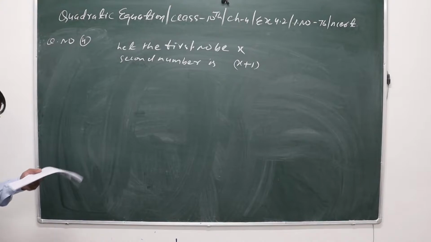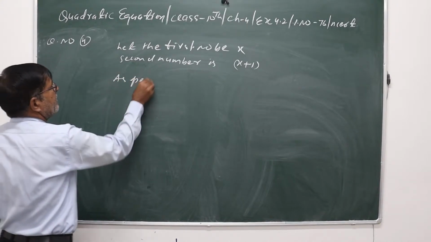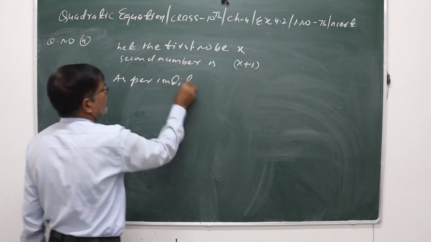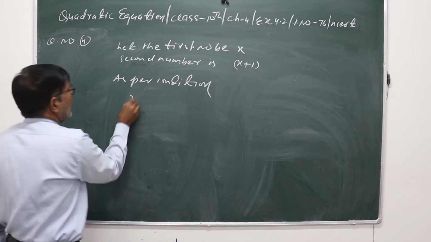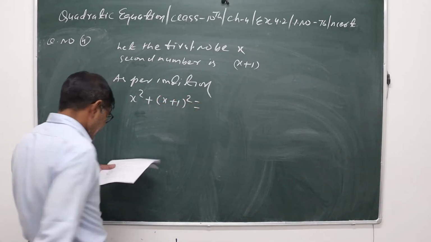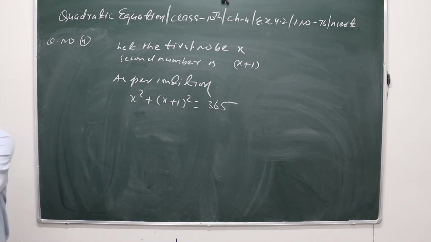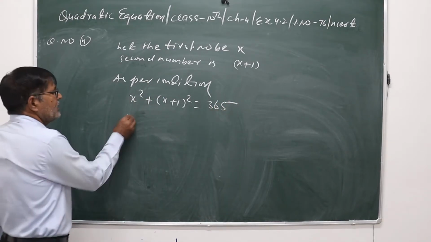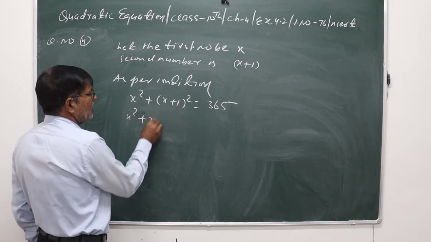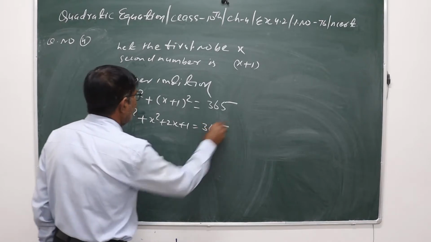Now as per the condition, two consecutive positive integers, the sum of whose squares is 365. So the square of the first number plus the square of the second number is equal to 365. Just open: this will be x square, plus (a plus b) whole square, x square plus 2x plus 1, is equal to 365.